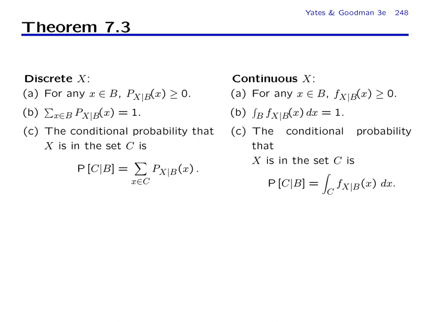And of course, we have exactly the same analogous set of results in the continuous case. We have a conditional PDF that's always non-negative. Over the set B, this conditional PDF has to integrate to 1.